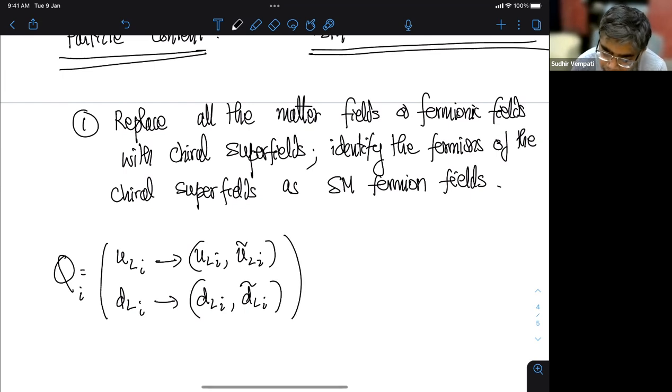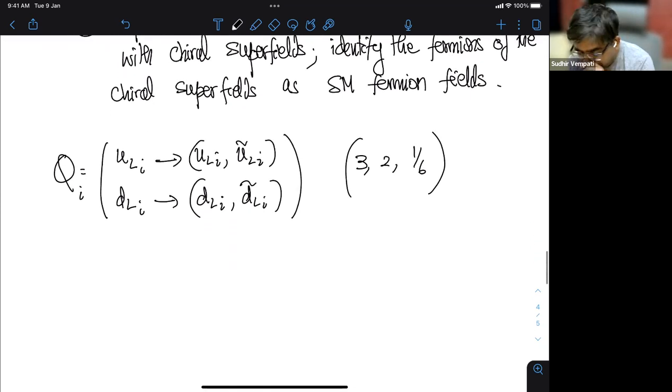And this has the representation (3, 2, 1/6), just as in the standard model. The only difference between the standard model and the supersymmetric standard model is that both U_Li and U_Li tilde have the same representation. They transform as triplets under the color group, doublets under SU(2), and they have a hypercharge of 1/6.